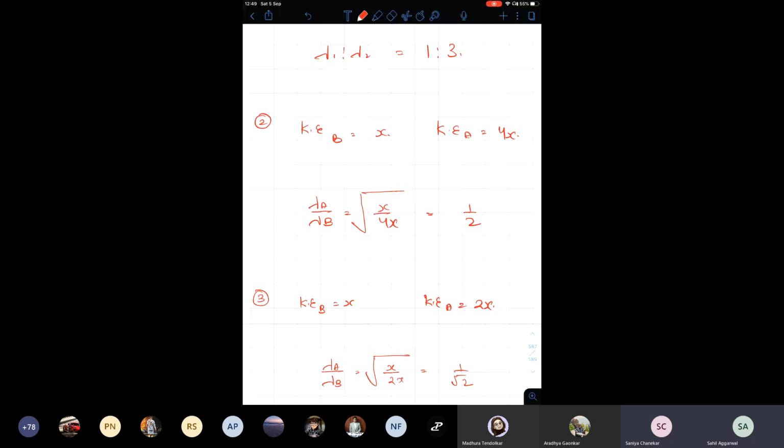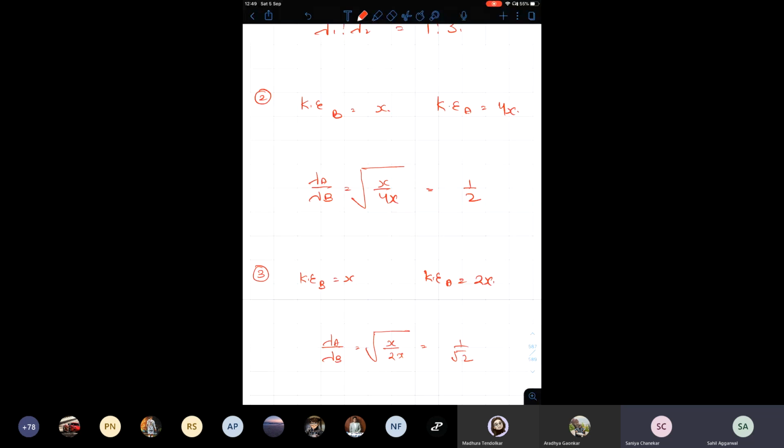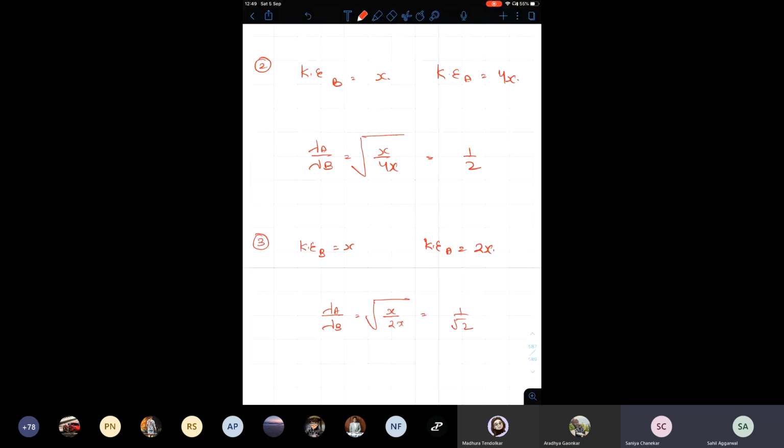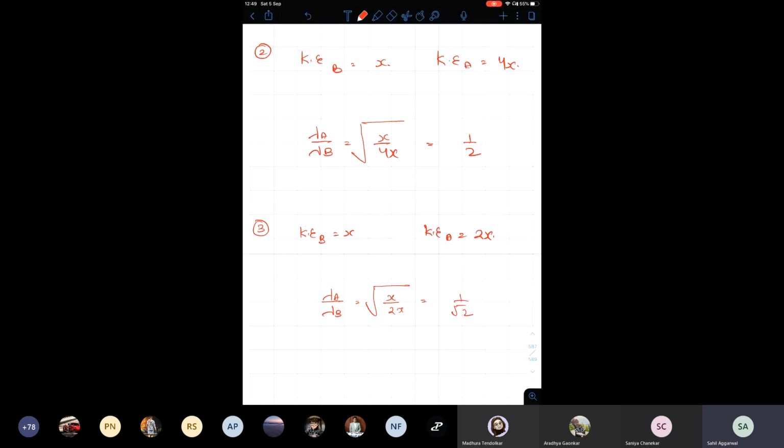Yes, in a different way. Take any number. I've just taken 100. x can be 100 also, x can be anything. Take 1 or take x. Take those numbers which can easily get cancelled out. That will be better.